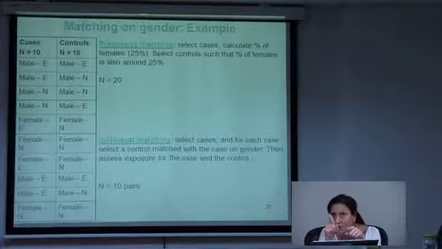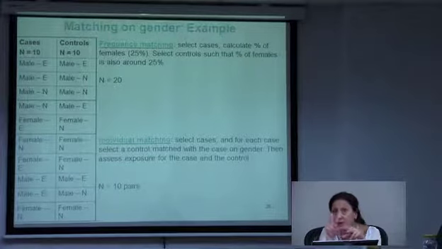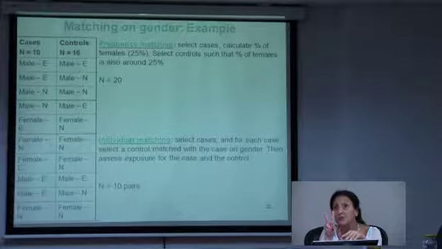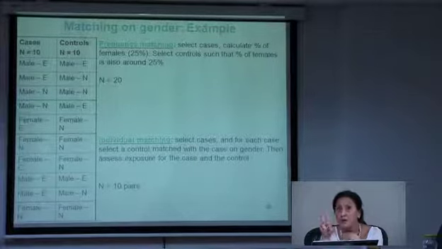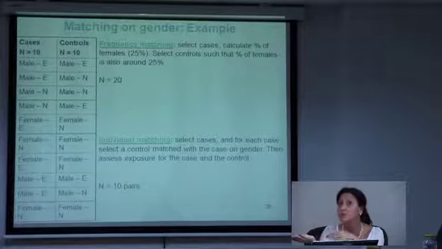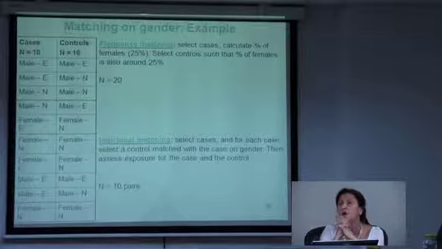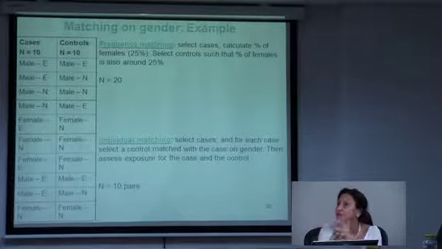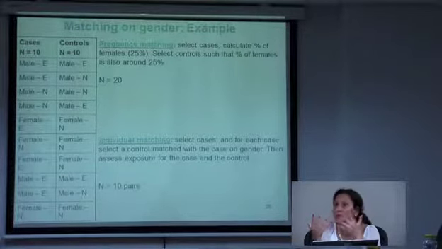So if you take the first one, this is a pair where I have both exposed, male exposed. Here I have exposed, non-exposed. Both of them could be non-exposed, or the control could be exposed while the case is not. And when you do a case control study and you're looking for the risk factor, what are you looking for?